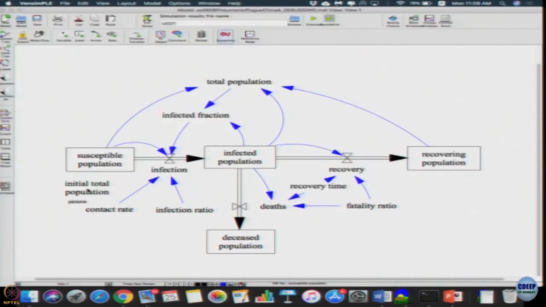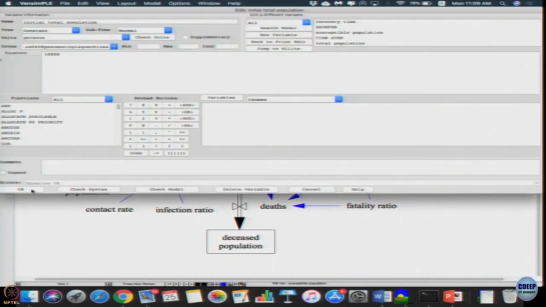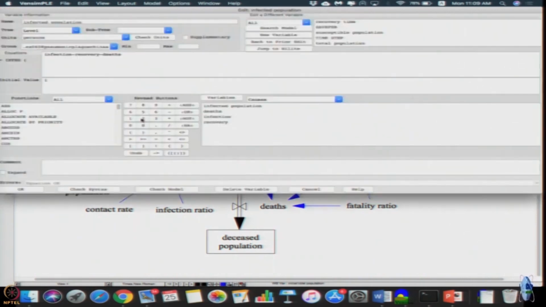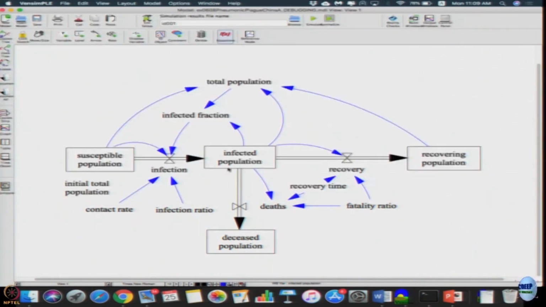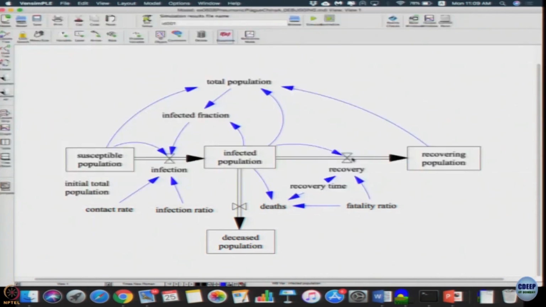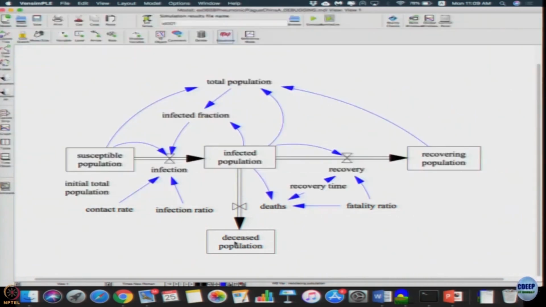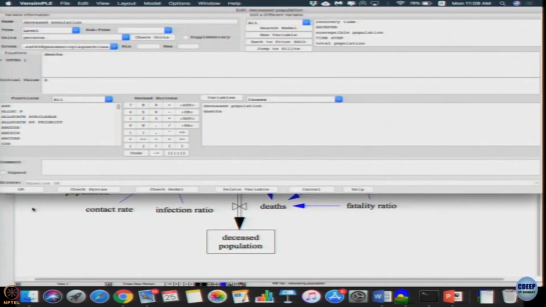Initial total population is 10,000, which is fine. Initial infected is 1, that is fine. The equation for infected is infection minus recovery minus death, that is also fine, flows are fine. Recovering population, initial is 0, adds recovery, which is fine, only inflows are there. Disease population again 0, which is fine, and deaths plus, which is fine.